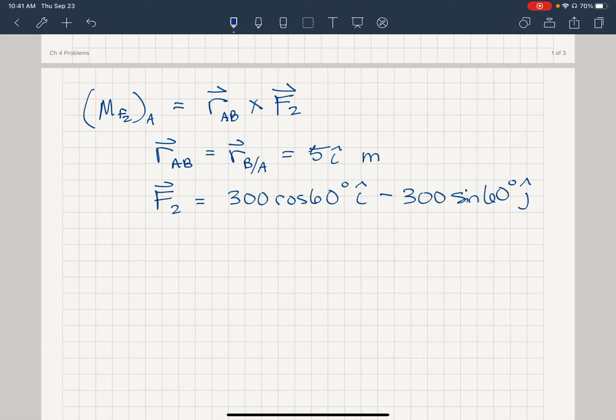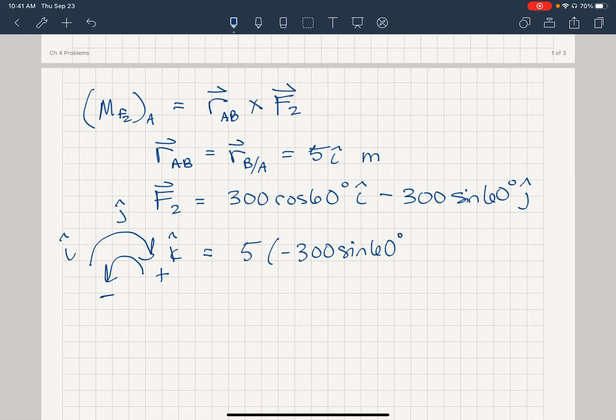So I cross I doesn't create a moment. I cross J does create a moment. And if we use that rainbow method, I, J, K, so I cross J would give us a positive K. So I is that 5 from that position vector, and J is that negative 300 sine of 60 degrees.